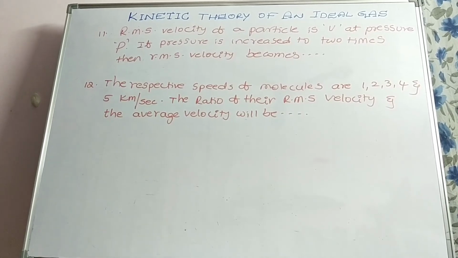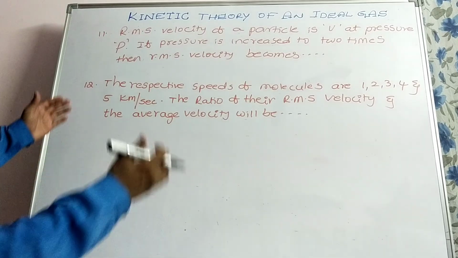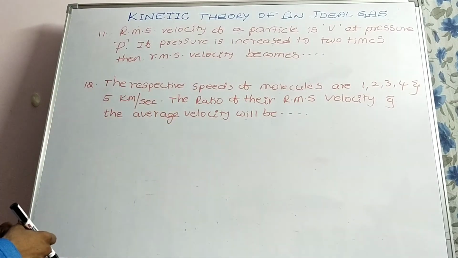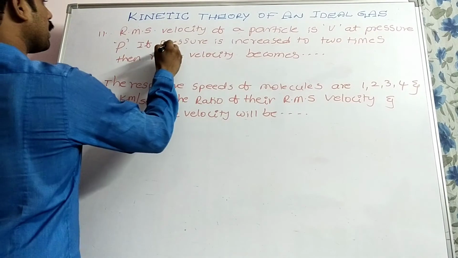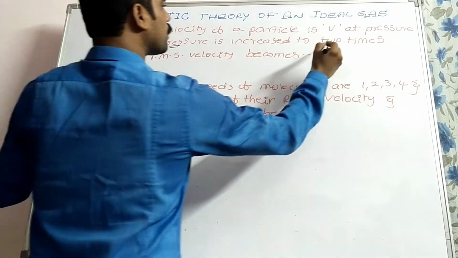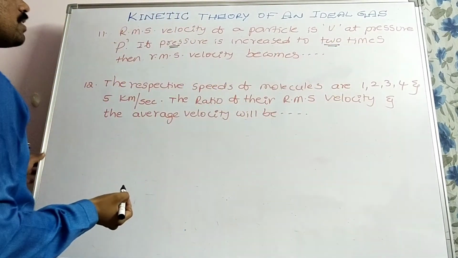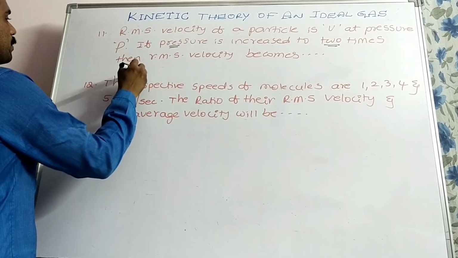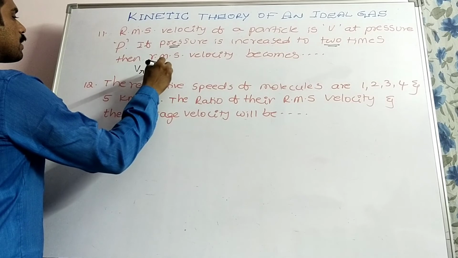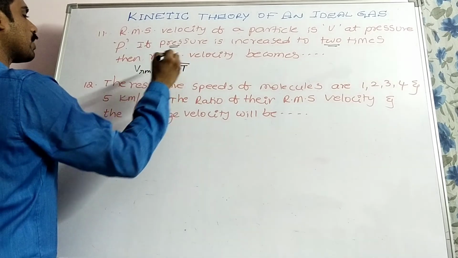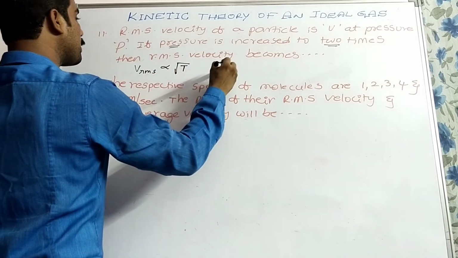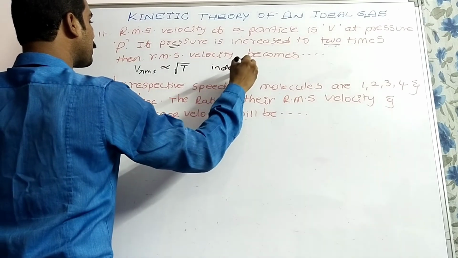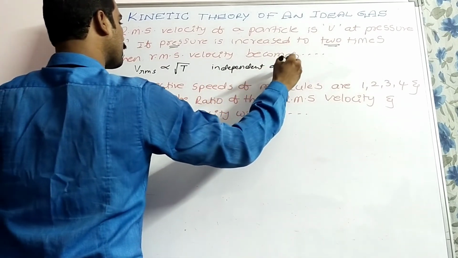RMS velocity of a particle is V at a pressure P. If pressure is increased to 2 times, then RMS velocity becomes? Here pressure is increased to 2 times. But V RMS depends on the absolute scale of temperature, independent of pressure.